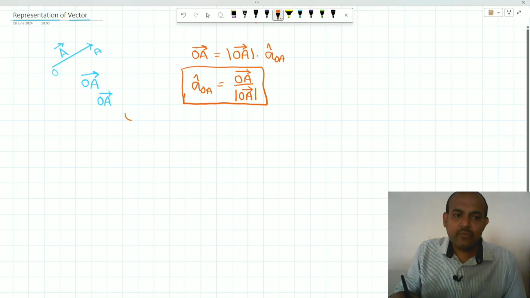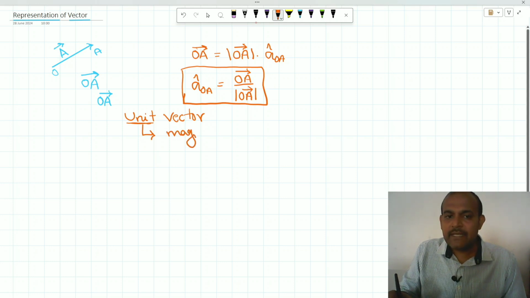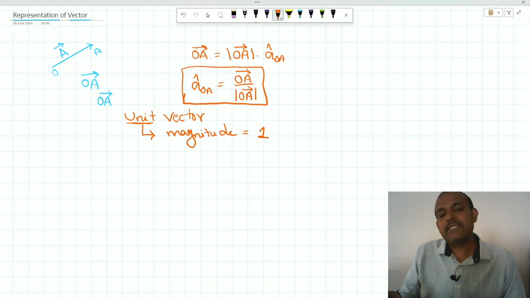Why the name unit? We know what a vector is, so why the name unit? When you talk about a unit vector, the name itself indicates that if the vector has a magnitude equal to 1, unity, then we call such a vector a unit vector.